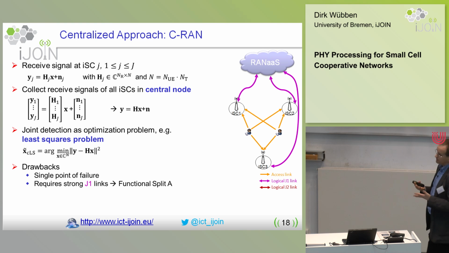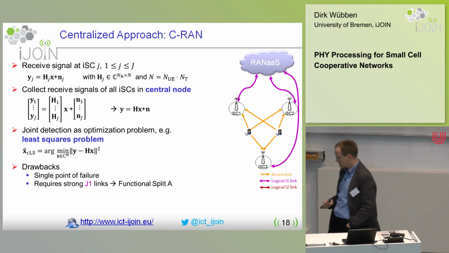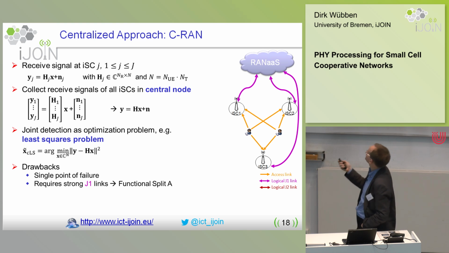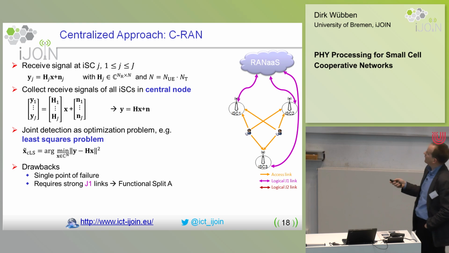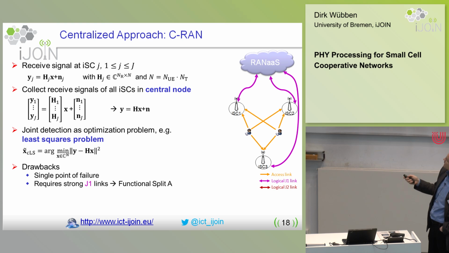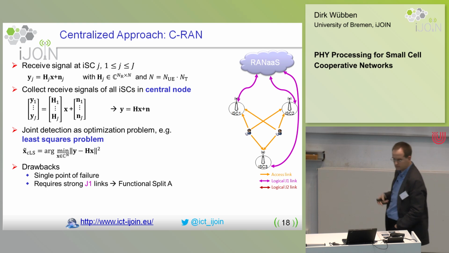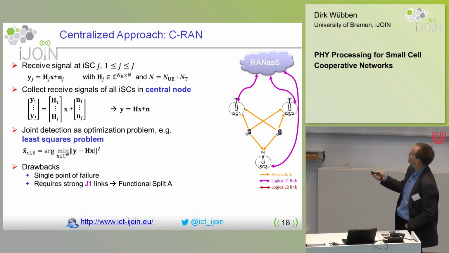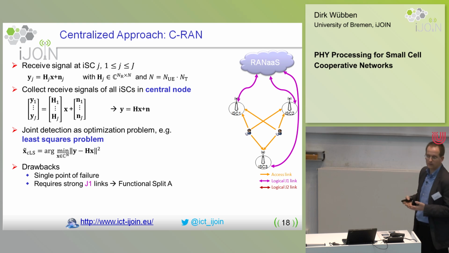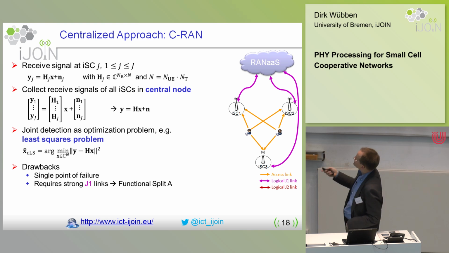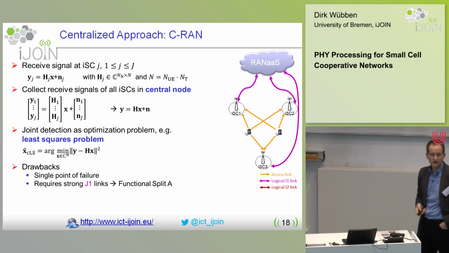What we could do is once again use the C-RAN approach, directly take the IQ signals and forward them to the central processing node. If this is the received signal at one ISC, containing all the transmit signals from all the users over all the transmit antennas, and this is the corresponding channel matrix for one subcarrier of all the users to ISC1, for example, then we can write this simplified system equation.